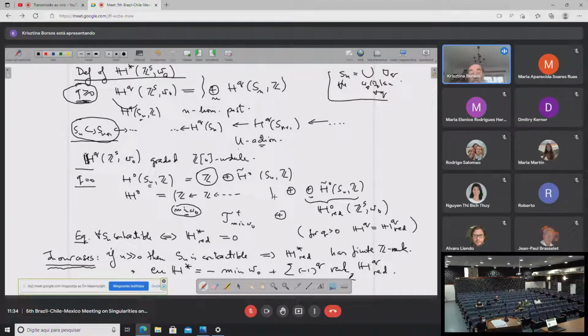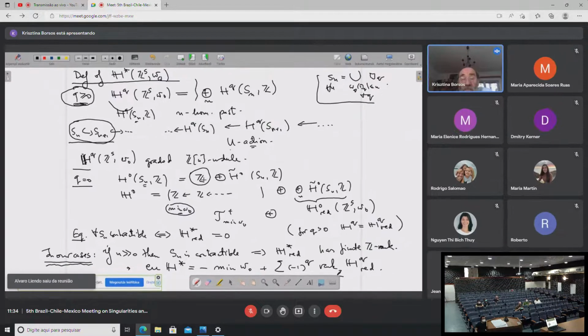The point is that in a naive way, I cannot introduce any Euler characteristic because here I have an infinite tower, so H0 has infinite rank. But if I eliminate this infinite Z tower, then what remains has finite Z rank.